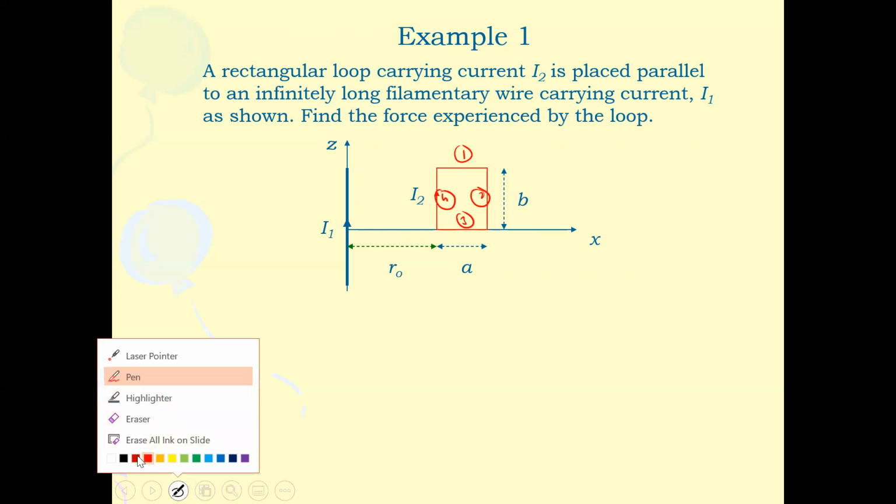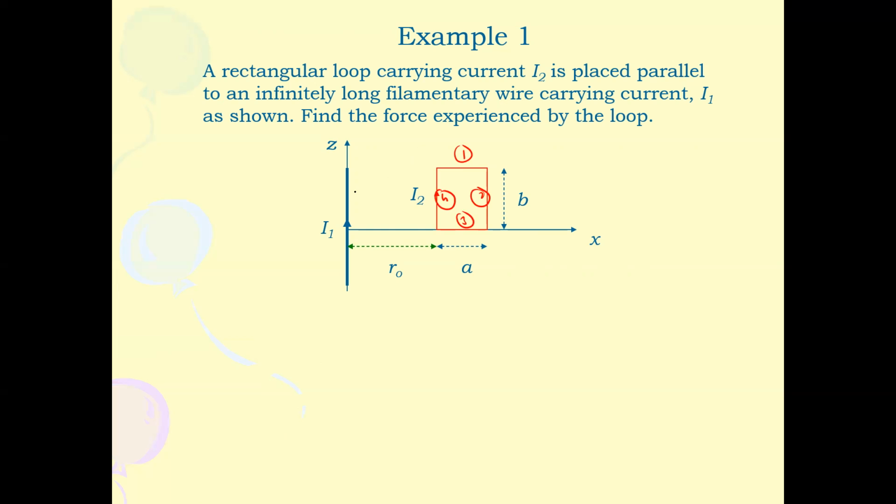We need to calculate the force experienced by each side, and subsequently add the resulting forces to get the total force experienced by the loop. Okay, so let us do it one by one. Let's do it for side number 1.